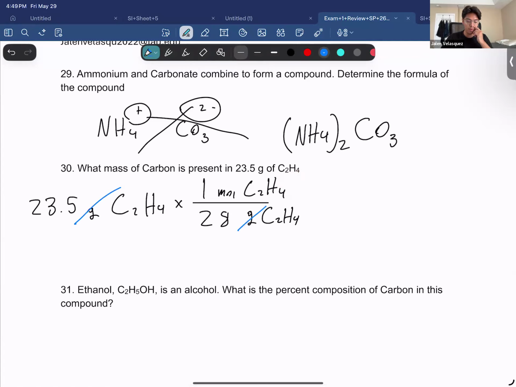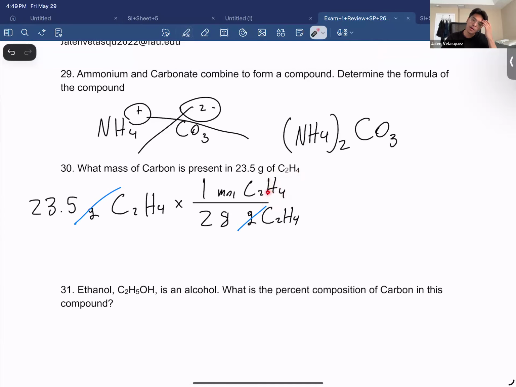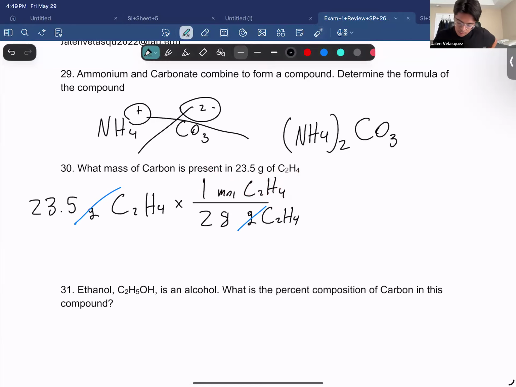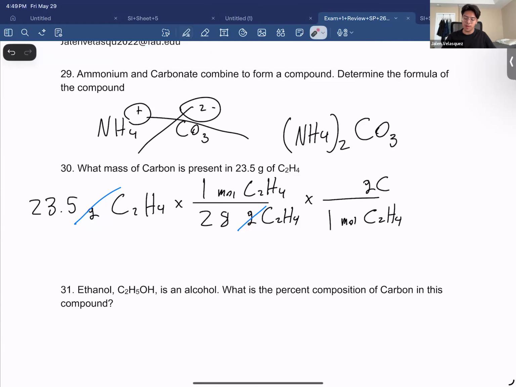Okay. So now you have the moles of C2H4. From here, we need to figure out how many grams of carbon are in 1 mole of this molecule. So in 1 mole of ethane, C2H4, I want to know how many grams of carbon are in there. This molecule has two carbons. If you look at the periodic table, the mass of carbon is 12.